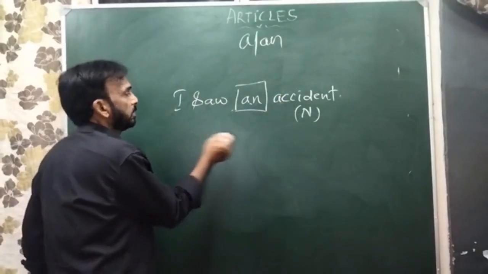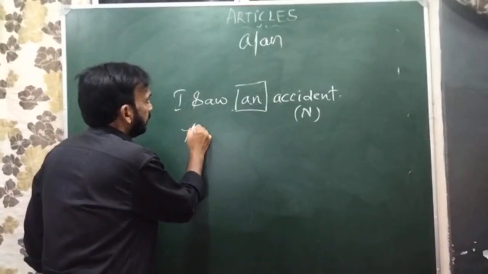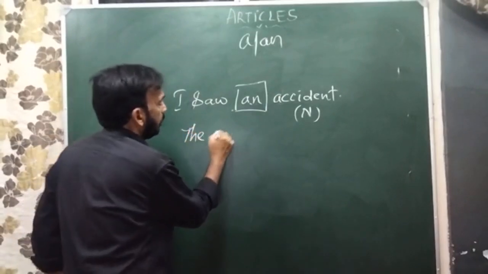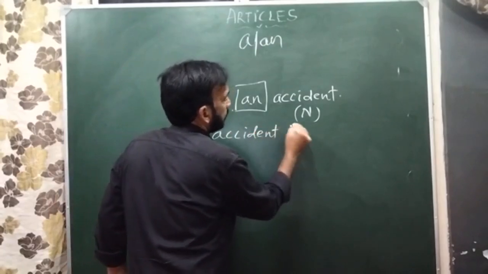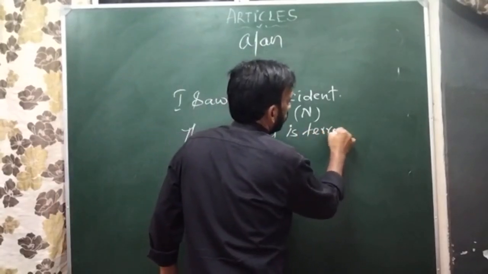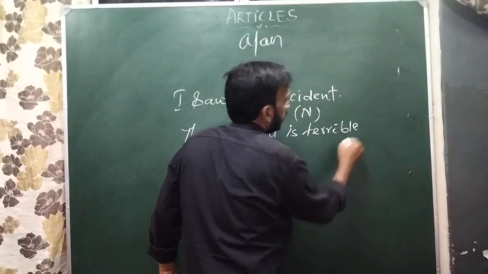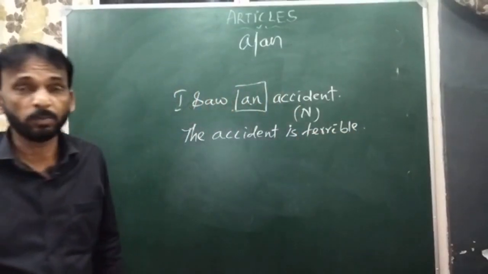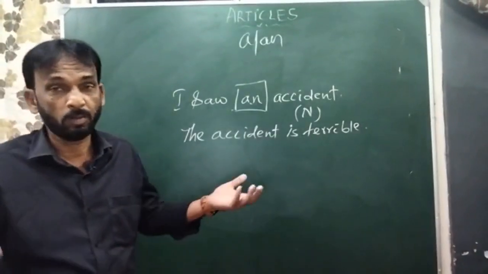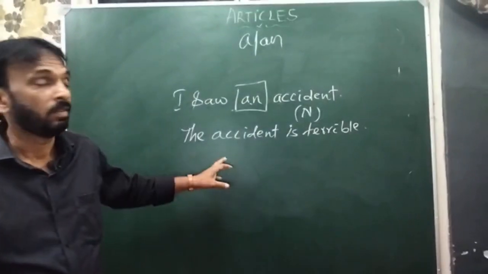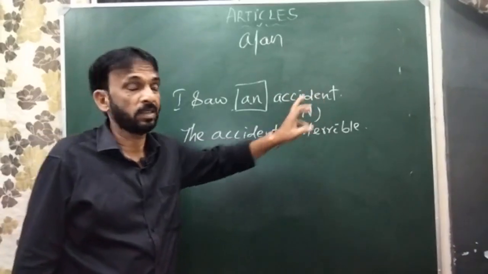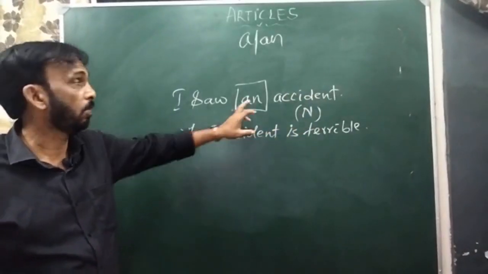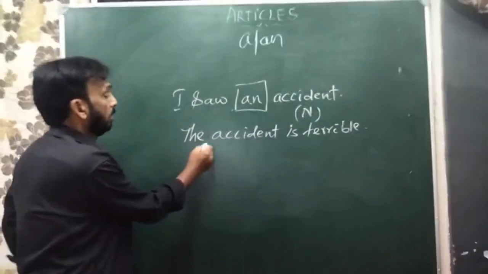Now, in case I write like this, the accident is terrible. Okay, the accident is terrible means the accident is very horrible. So here I mention an in the first sentence, but in the second sentence I have omitted this an and I have placed the.